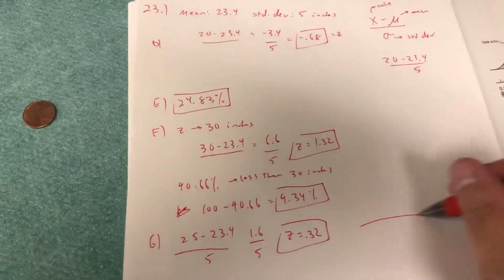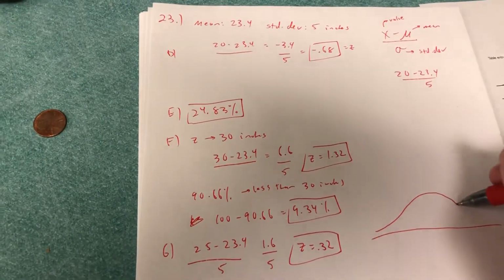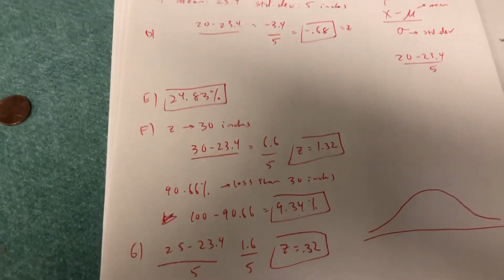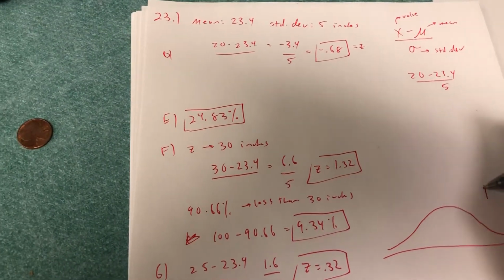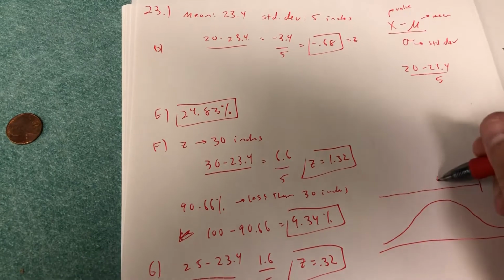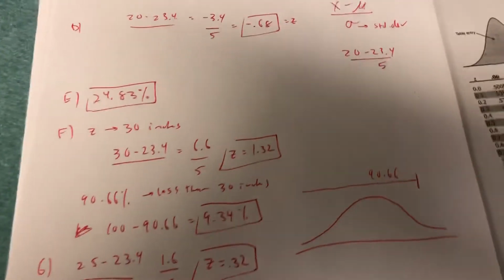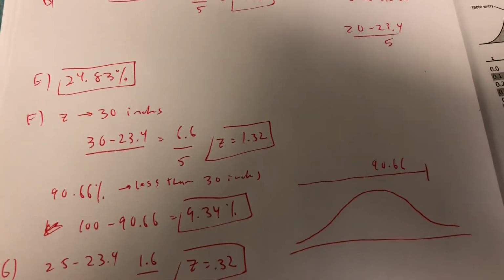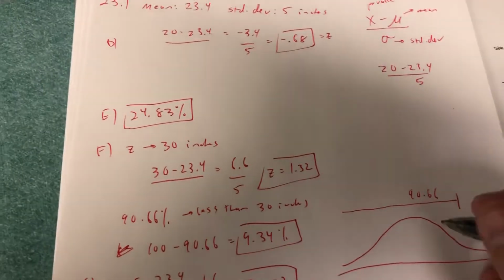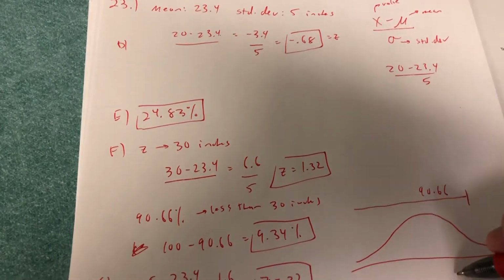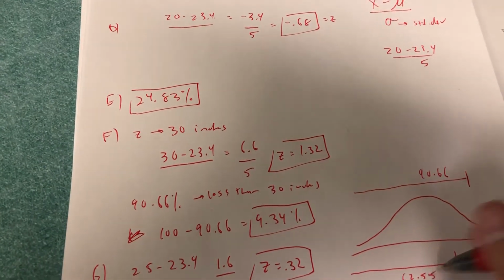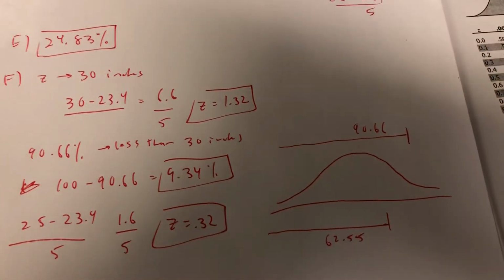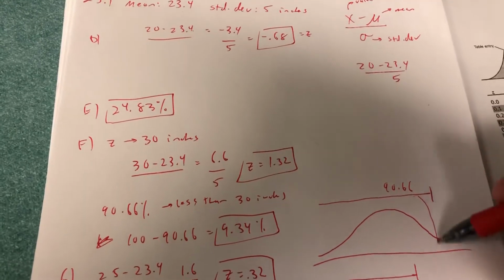Okay, so if you're visualizing this, we're looking between 30 and 25. 30 was at a 90.66 percentile, which means 90.66% of the time we had less snow than that. This is at a 62.55 percentile. So we want the value that's between those two.